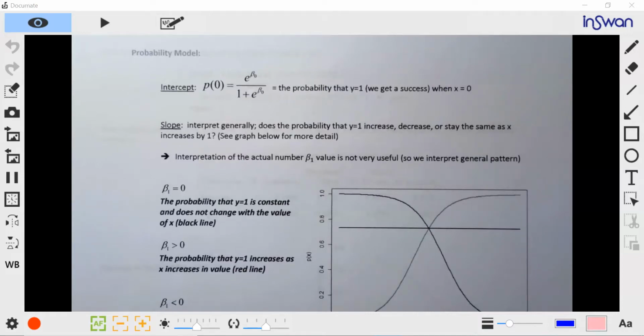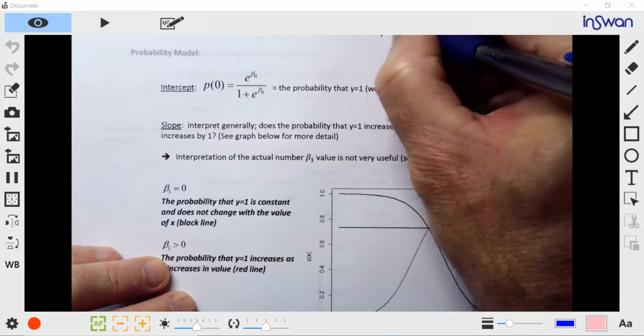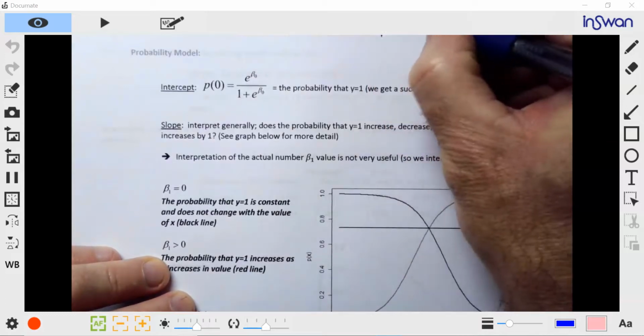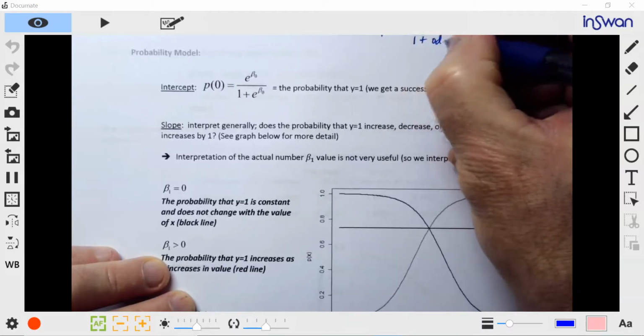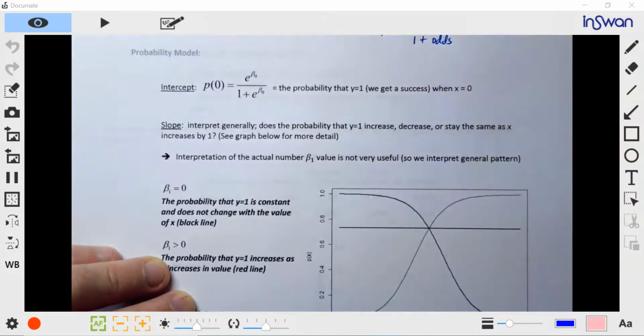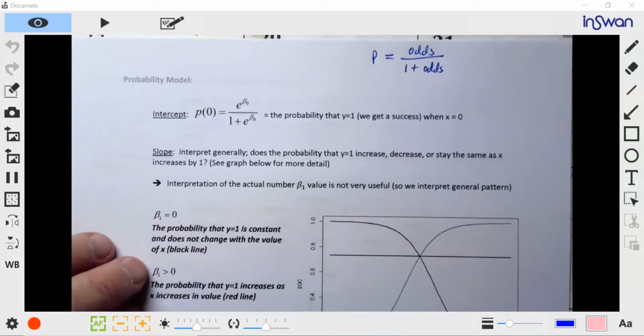And we can talk about it in terms of probability. So remember that probability is just equal to odds over 1 plus odds. That's just a formula. That's a conversion between probability and odds.